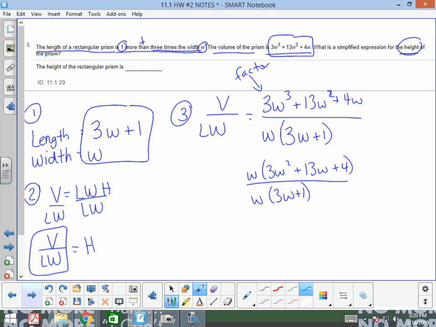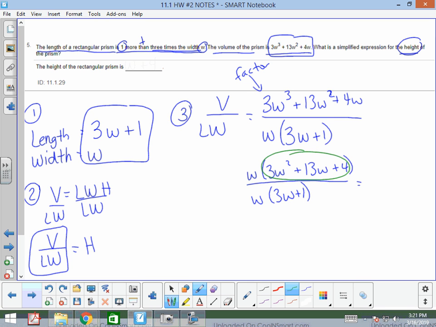Now, this trinomial right here is one of those ultimate guess and check type problems that it factors into 3W plus 1, W plus 4. Okay, so remember the guess and check kind, make sure that you use FOIL to check.